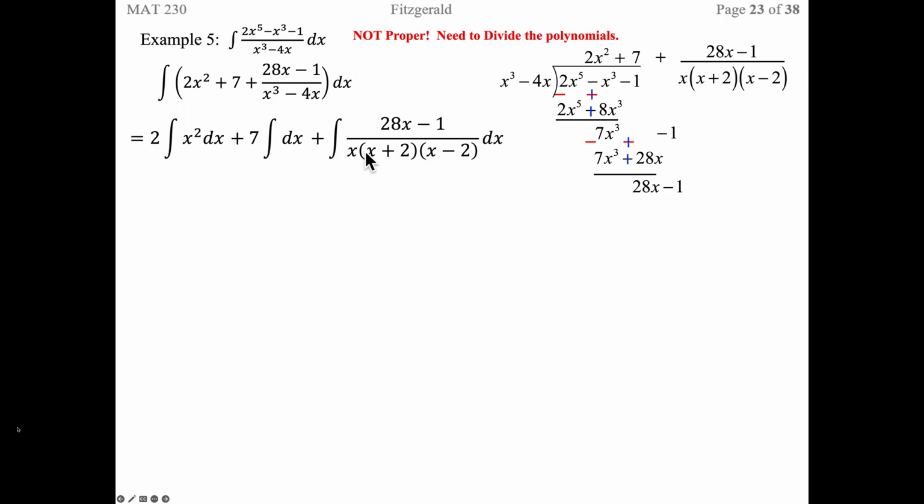So focus right here. All right, 3 linear factors. This fraction is equal to A over x, capital B over x plus 2, capital C over x minus 2. So this is my least common denominator. Multiplying this to everything cancels this denominator.